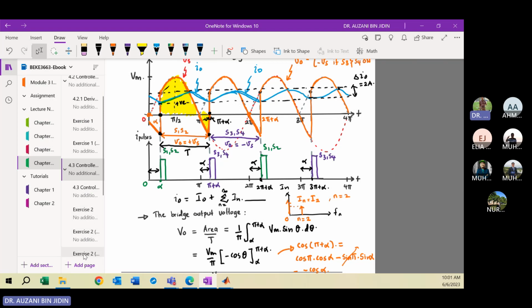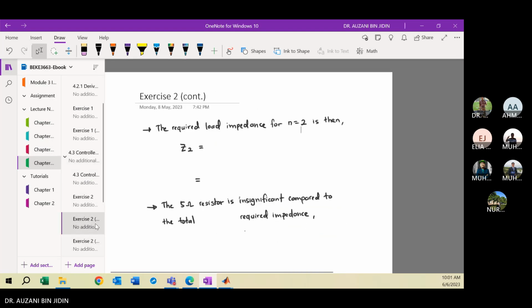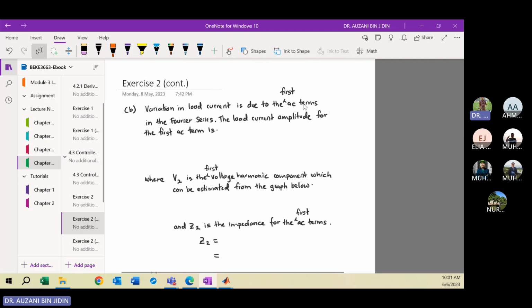Okay, so the first current component will be I2, where I2 is the ratio between V2 and Z2.